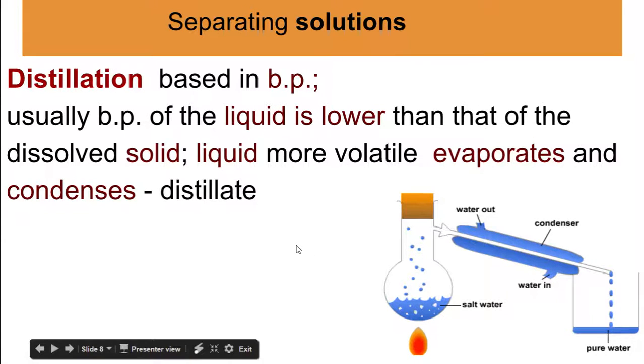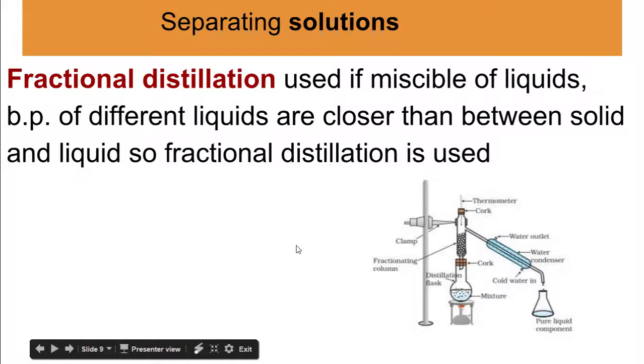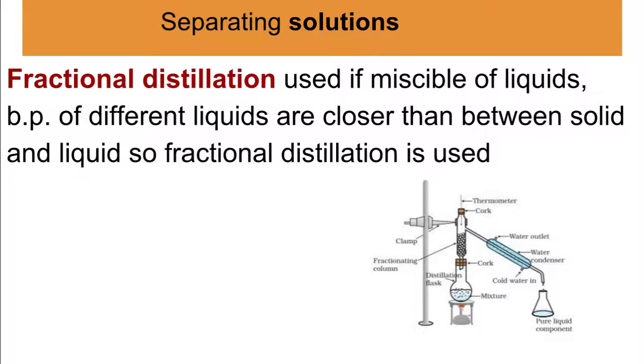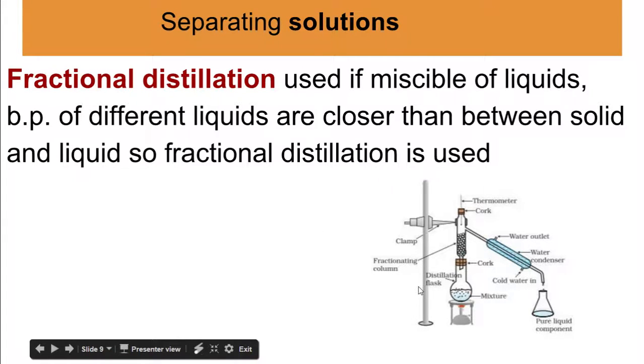But as I said, sometimes we have a miscible mixture of two different liquids, more than one liquid, and the liquids have closer boiling points than a liquid and solid. In this case, fractional distillation is used. Now I want to go again through this apparatus of fractional distillation.